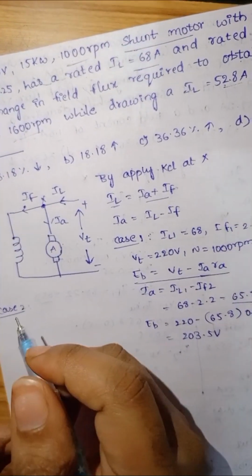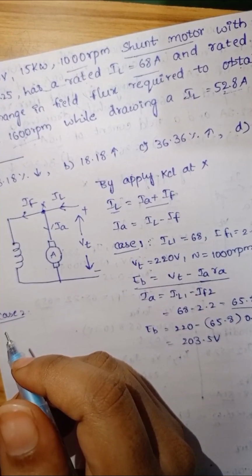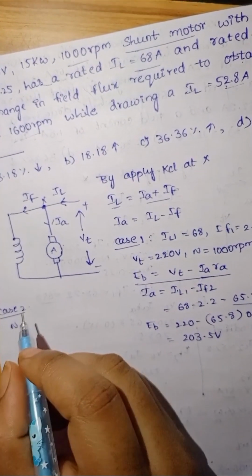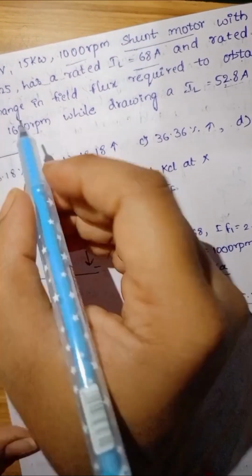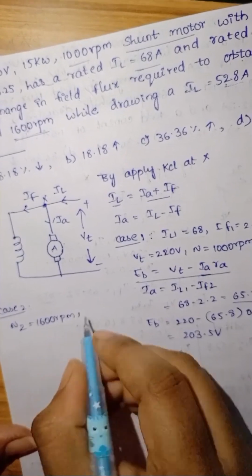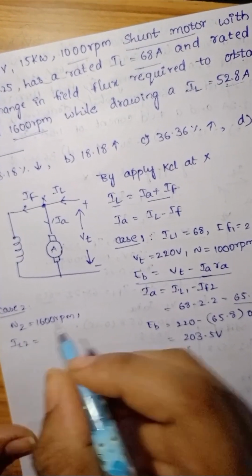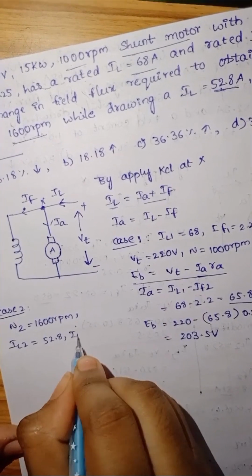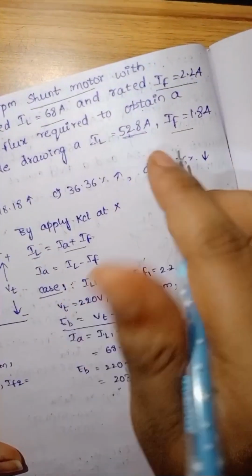In the second case, flux is modified. N2 is given as 1600 rpm. IL2 is equal to 52.8 and IF2 is equal to 1.8.